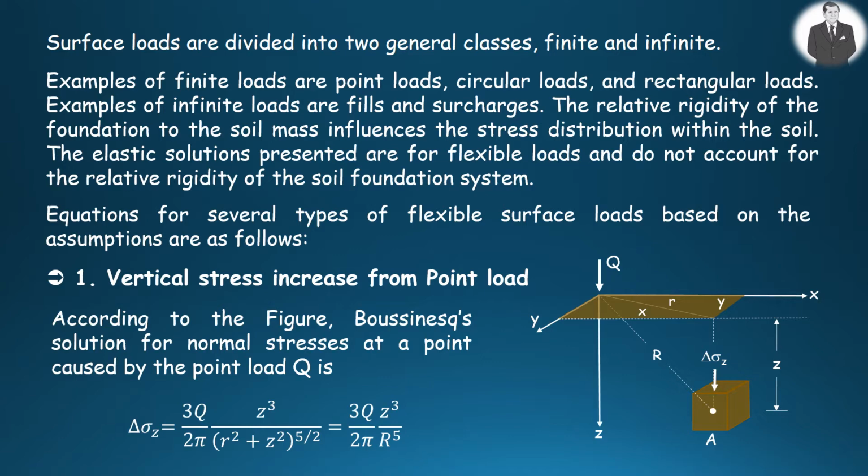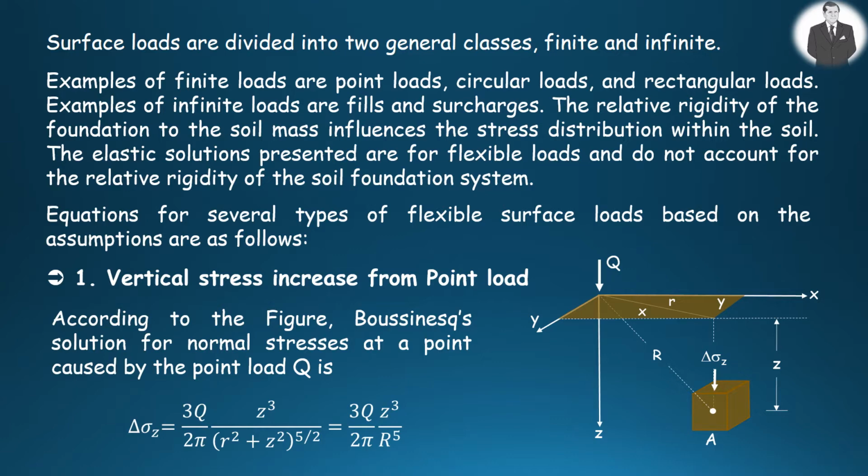The first case is the vertical stress increase due to point load. Boussinesq produced a solution to find normal stresses at any point within the ground due to a point load applied on the ground surface.